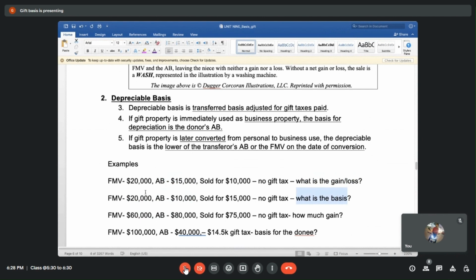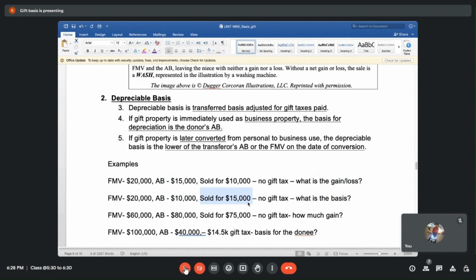The fair market value is $20,000. Basis is 10,000, and we need to see what the basis is for the donee. The donee later sold it for $15,000, a 5K gain.